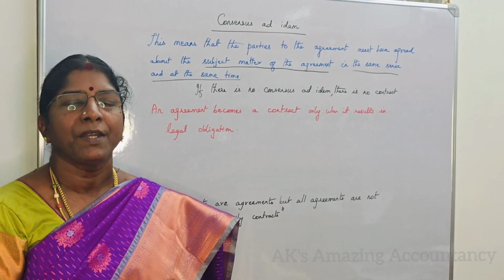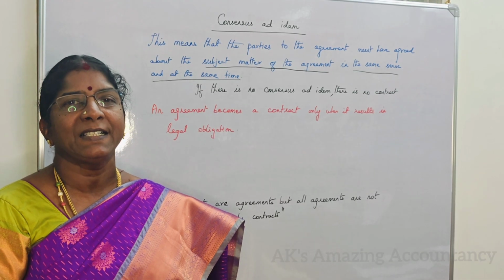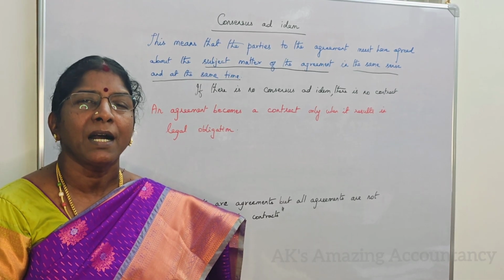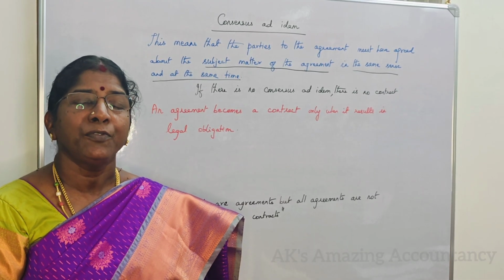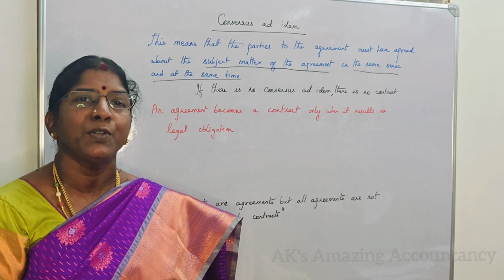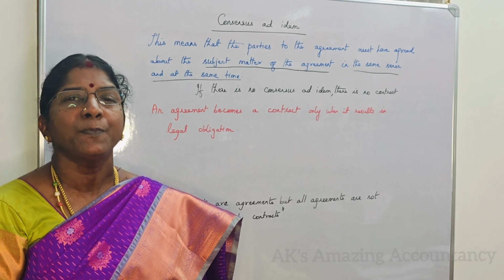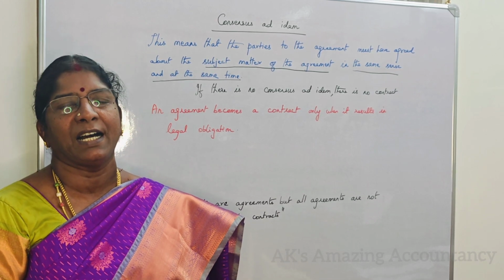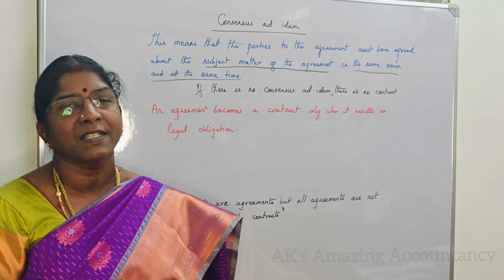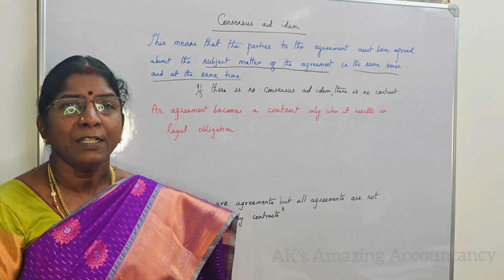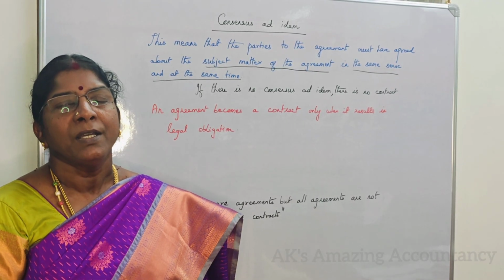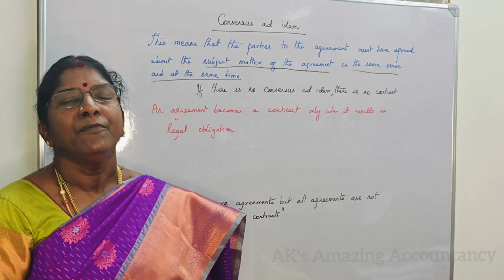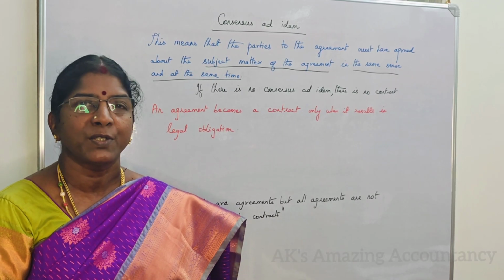If Ram simply says that I'll sell my car to Shyam without specifically mentioning which car, there is no consensus ad idem because the other person, namely Shyam, is not clear regarding which car Ram wants to sell.